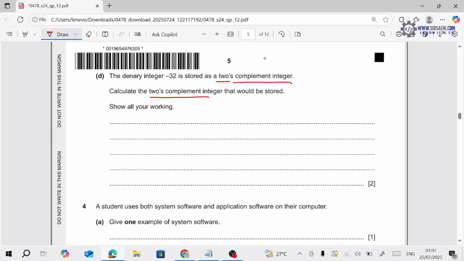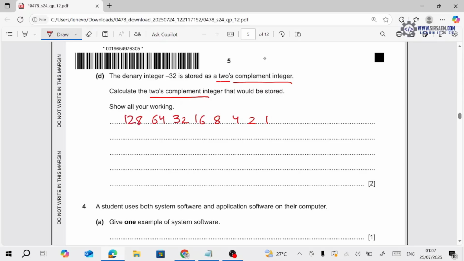So in this particular case, if I want minus 32, how would I do that? Well, let me put this into a conversion grid first. So I have over here 1, 2, 4, 8, 16, 32, 64, 128.